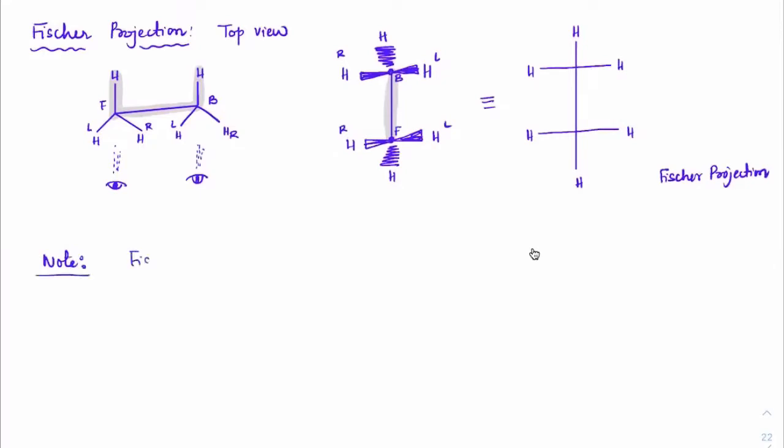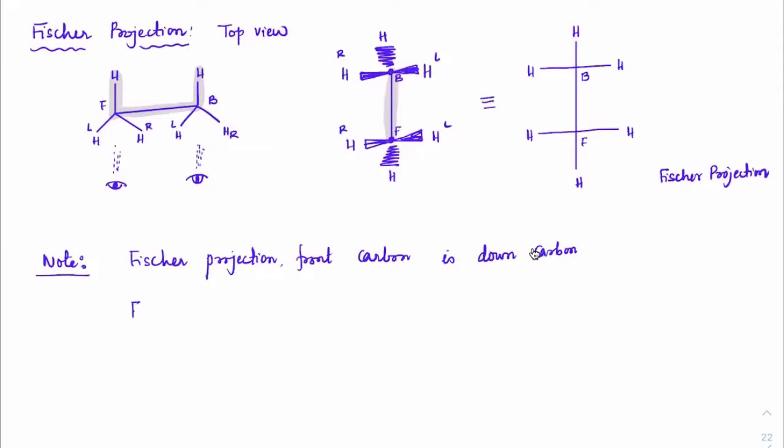First, Fischer projection, front carbon is down carbon. This is that front carbon, this is that back carbon. Okay.